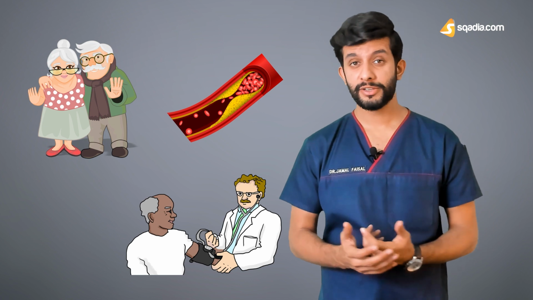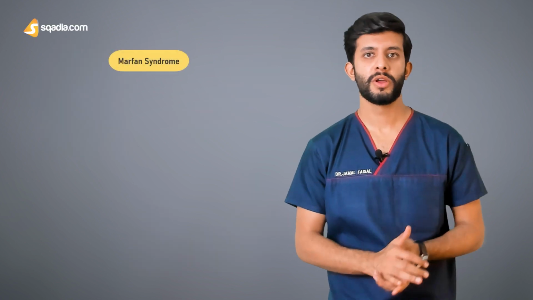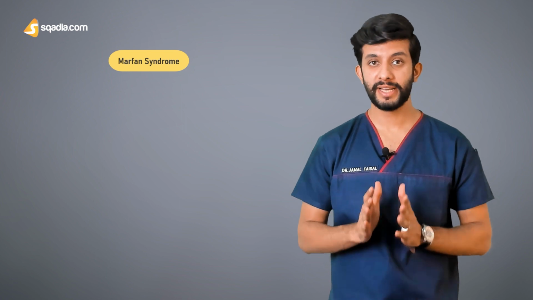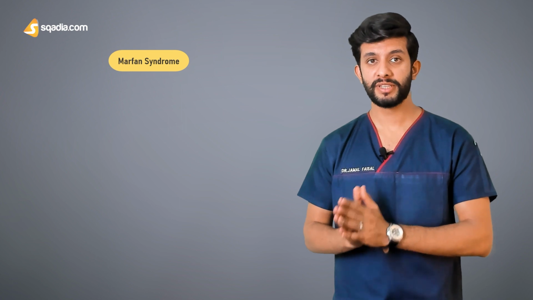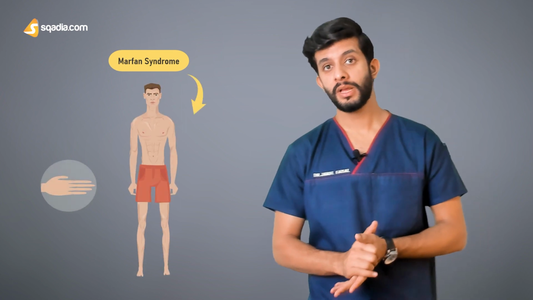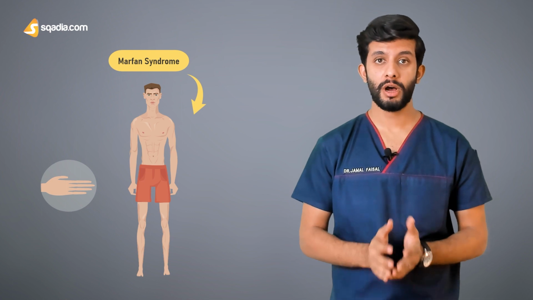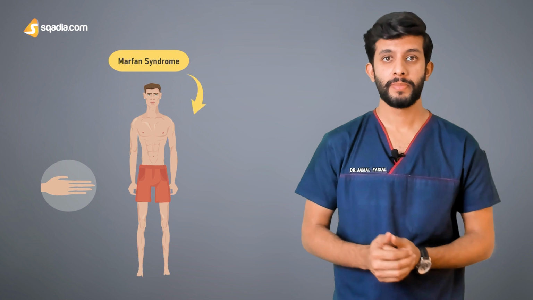Another very interesting association of aortic dissections is Marfan syndrome, which happens to be a genetic connective tissue disorder. The people suffering from this condition tend to be quite tall, and they have a slender frame with disproportionate arms, legs, and fingers, as you can see in the picture.